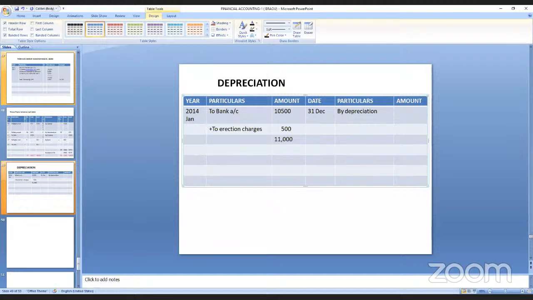What is the depreciation amount we calculated? It is 2,500. So now 2,500. So last, you have to write what is the amount we have got? That is 11,000. Is it clear? So to make it equal, 11,000 minus 2,500, how much?